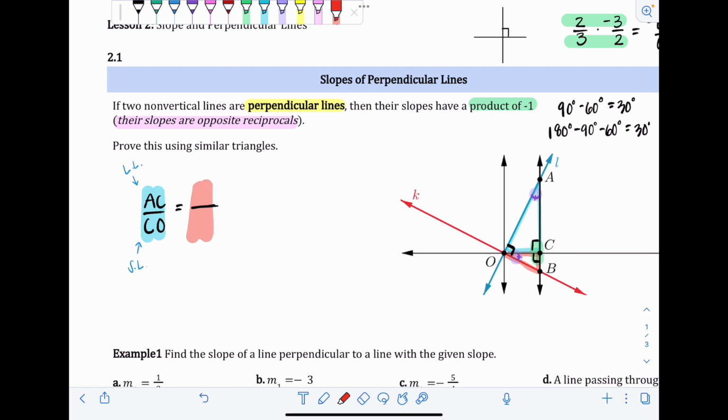So the long leg of the red triangle, it's kind of hard to see, but it's not like this one. It's actually that little guy inside there. That diagonal one, this one, that's the hypotenuse. So the long leg of the red triangle is CO. And then the short leg of the red triangle is, I know it's really tiny now, is BC.